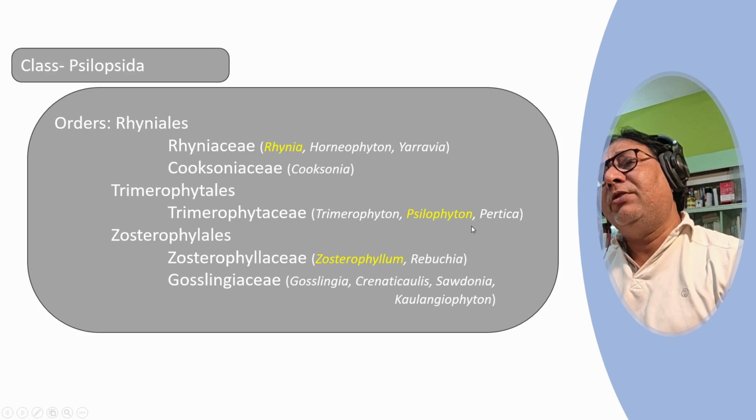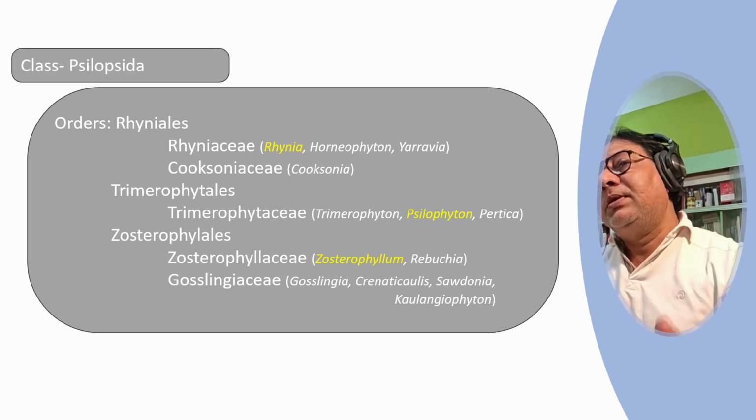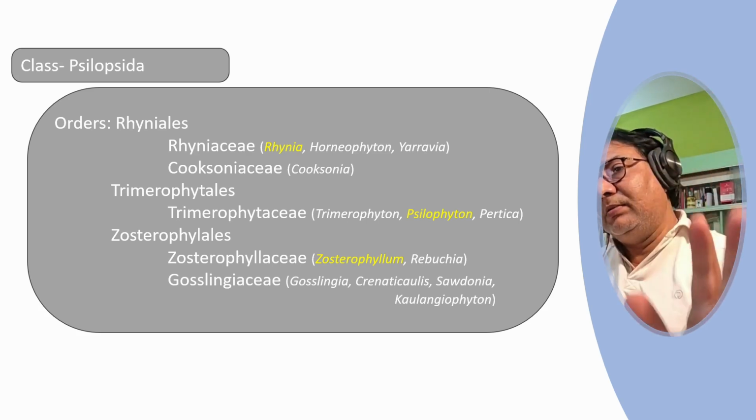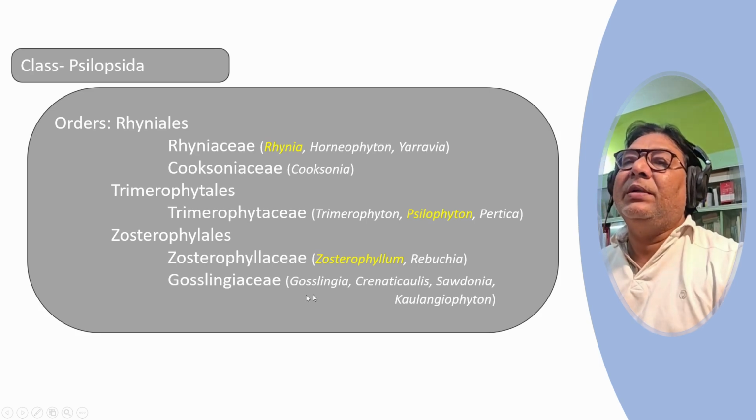You know what dichotomous is? The branch divides into two equal halves. If one of the halves overtops the other, it becomes a monopodial branching pattern, and a little bit of that is seen in Psilophyton. Zosterophyllum also shows a kind of dichotomy.